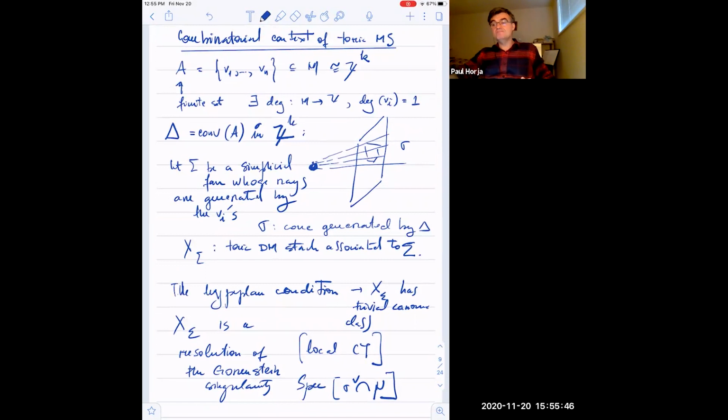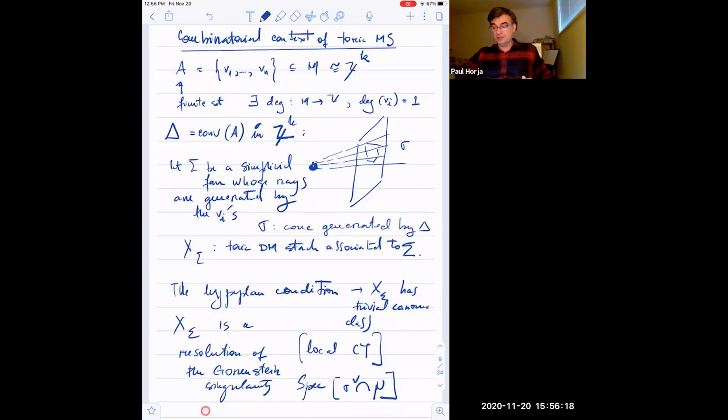You start with a bunch of vectors, as we started. This is traditionally called the A set. We have a bunch of vectors, which, for the purposes of the theory being nicer, we assume are all included in a hyperplane.